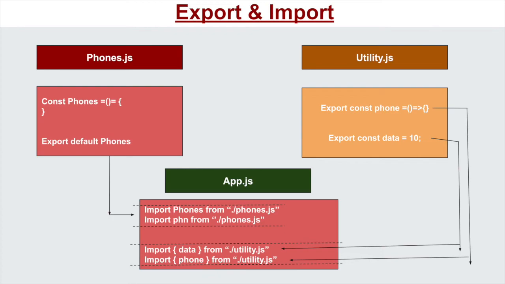So back to import and export: this is the syntax we use, and you will see it used a lot in this course. You might also see some variations, because we can also write this differently.